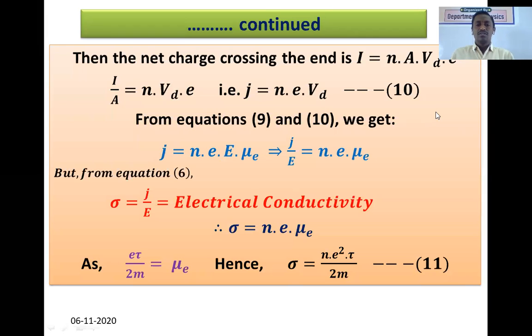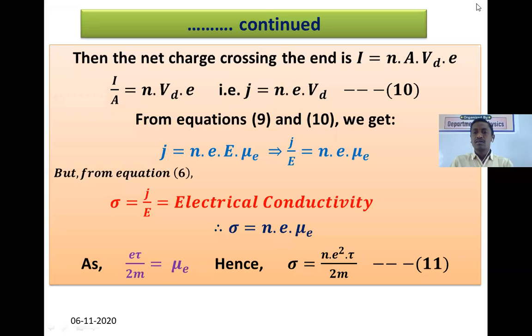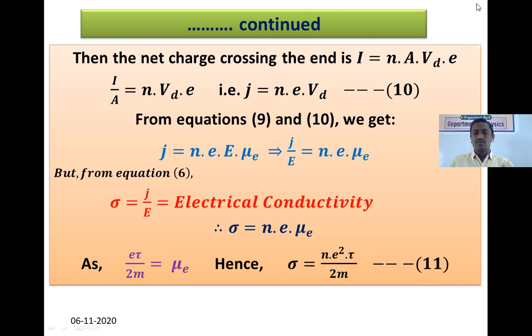We know the number of charges in the conductor will be n into A into Vd. Current equals the number of charges flowing per unit time, or the number of charges crossing a particular cross section.